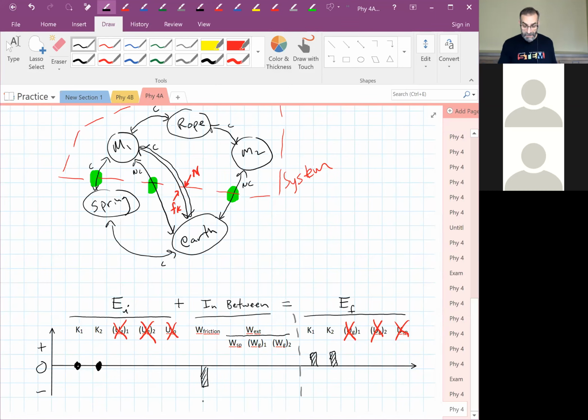Now our spring is reaching into the system and doing work on the system, on M1. What kind of work is it doing? Positive or negative? Negative. Because, where's our picture?